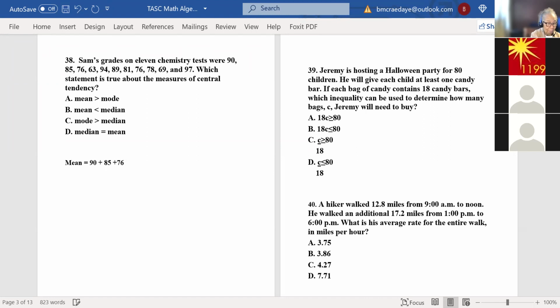Replace later. Or you just leave it like that. And then you just divide it. Let's see the mode.